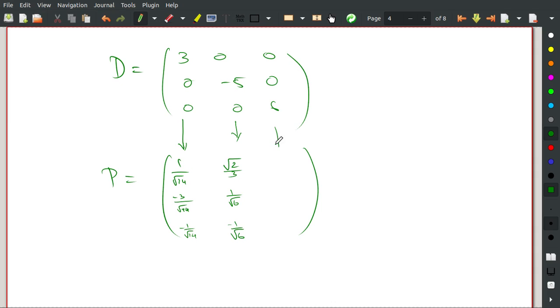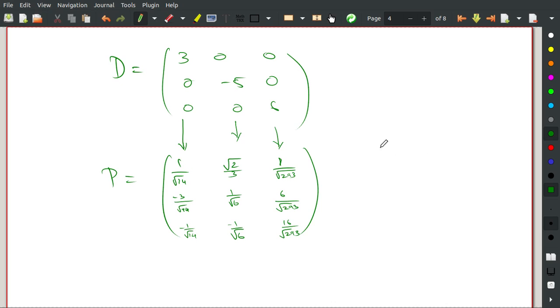And for the eigenvalue 6 we have 1 by root 293, 6 by root 293 and 16 by root 293. So this is the P matrix.